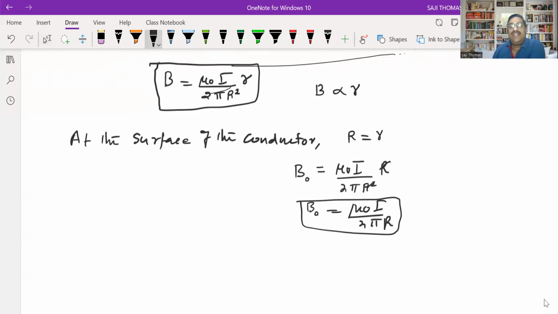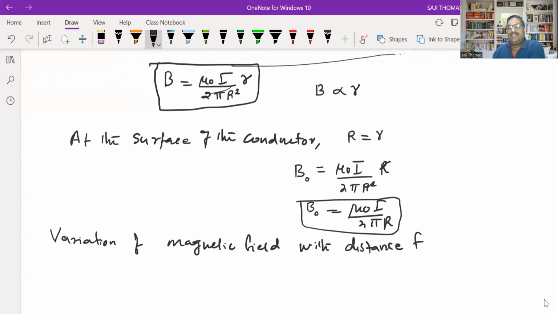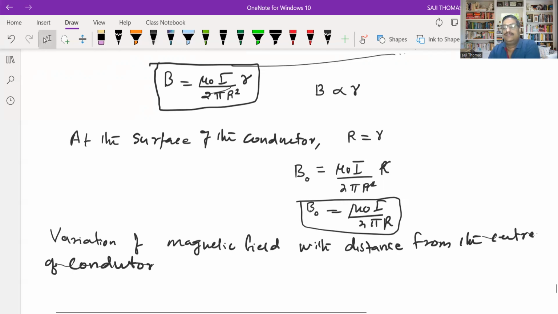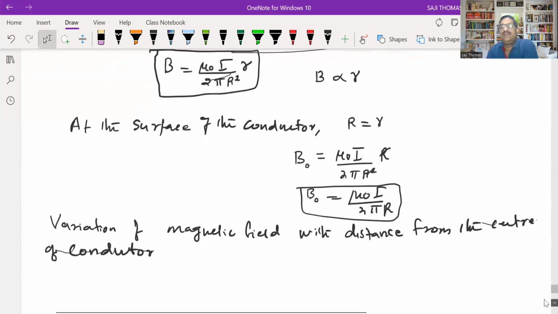We can plot it graphically. So I am drawing the graph of the variation of magnetic field with the distance from the center of the conductor.